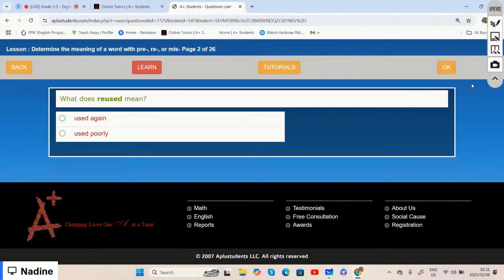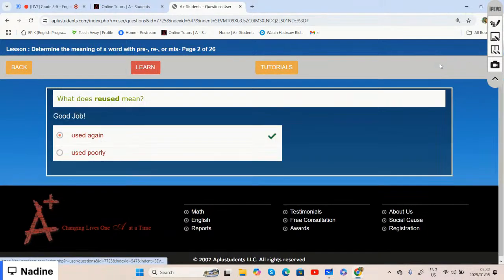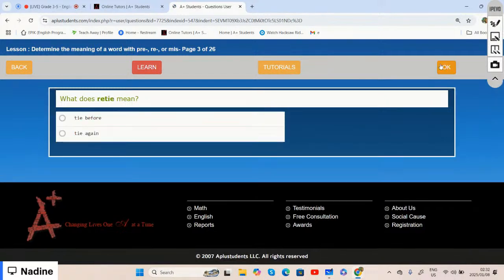So reuse, is it used? Yes, well done. And reuse, if we want to say reuse, then we can say it is to use again. Well done. Option one is correct.